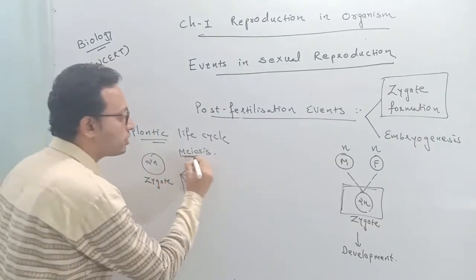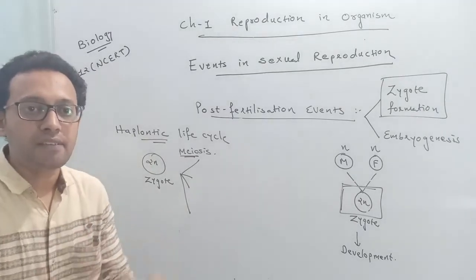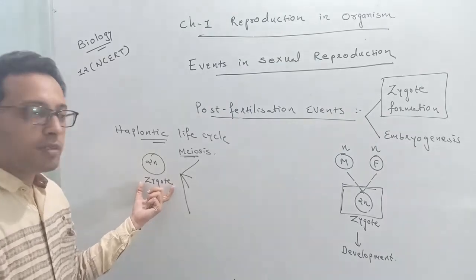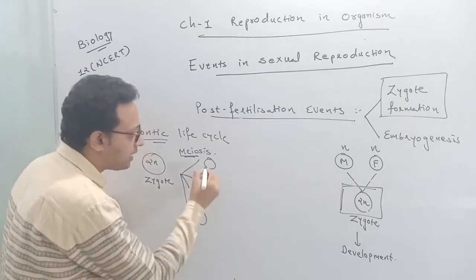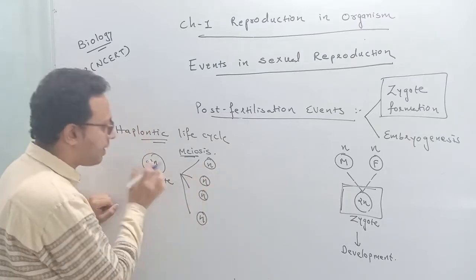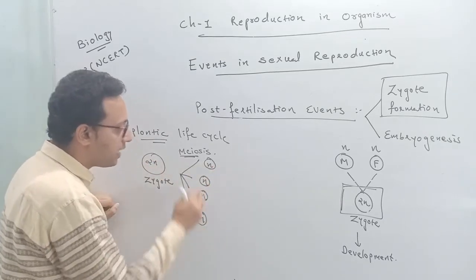You know that meiosis is a reductional cell division in which the number of chromosomes gets halved compared to the parent. In the parent it is 2n, so the daughter cells produced have n number of chromosomes, half of the parent number.